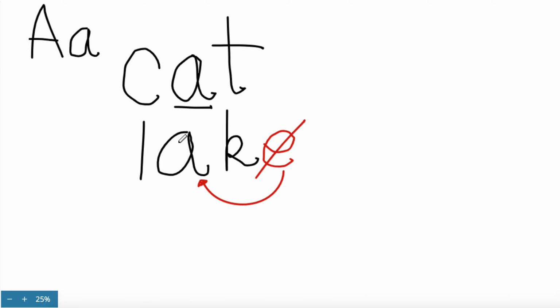L, A, K. And the E is silent. And it changes this A into its long sound. So here we have lake. Let's see with other vowels if the same happens or if something different is going to happen.